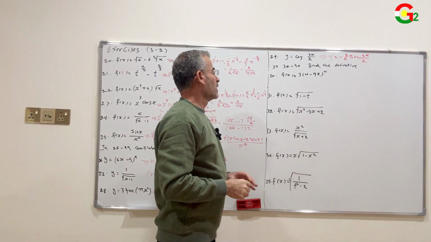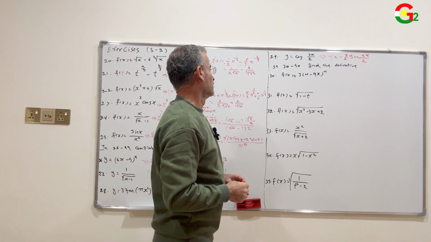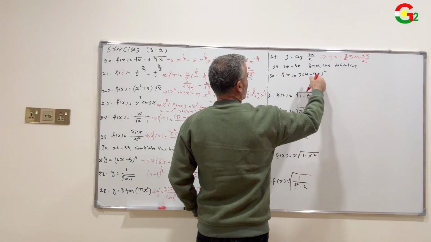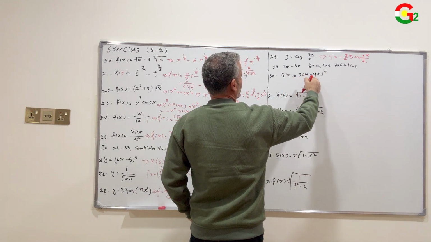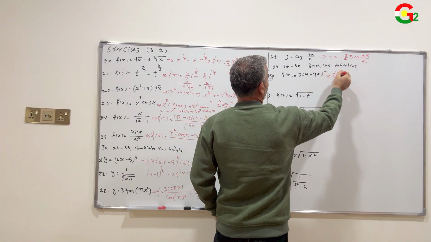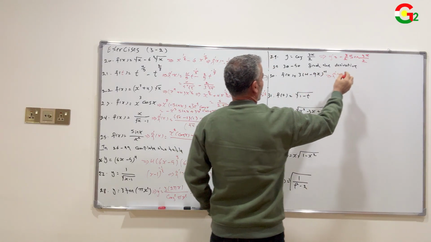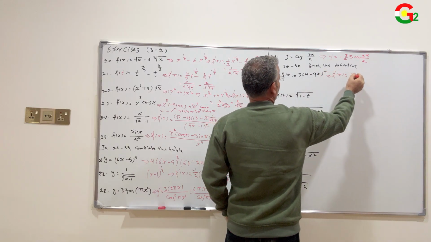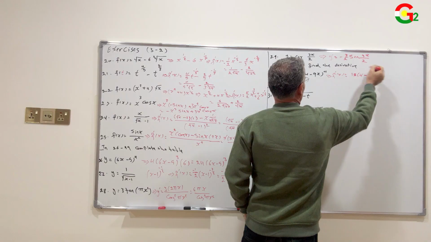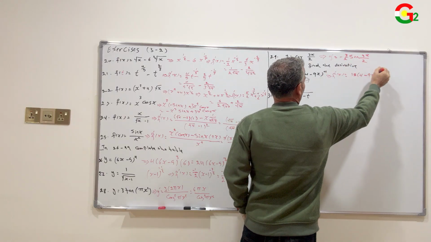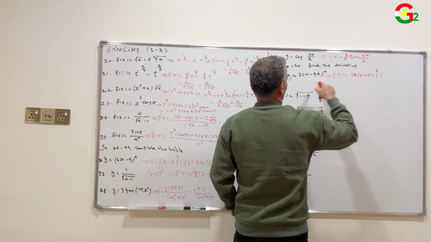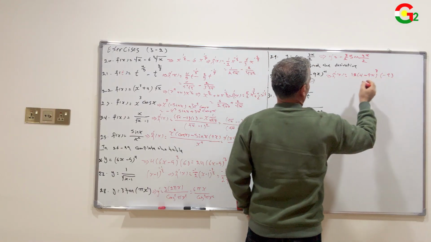In questions 30 to 50, find the derivative. f of x equals 3 times the bracket (4 minus 9x) to the power 4. Then find the derivative directly of the bracket: 4 times 3 is 12, (4 minus 9x) to the power 4 minus 1, which is 3, times the derivative of the term inside the bracket, negative 9.